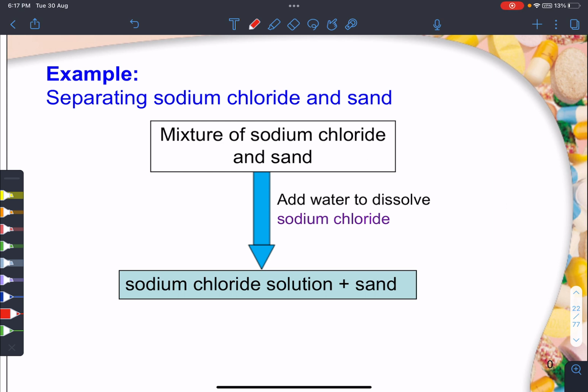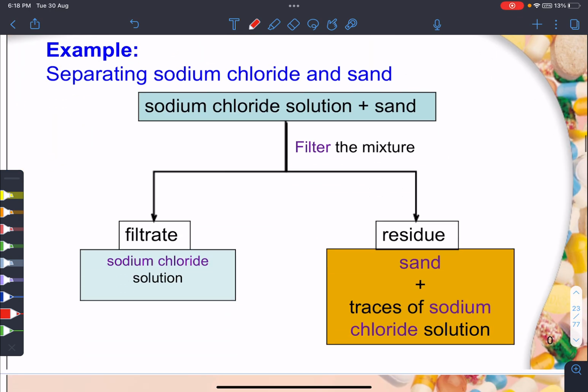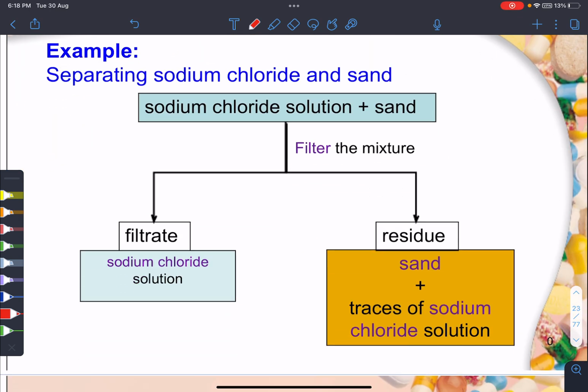In this case, you will purposely add something like water. Because when you add water, sodium chloride, salt, dissolves. Sand doesn't dissolve. After that, you can filter. Because at this point, you will have sand and NaCl(aq).